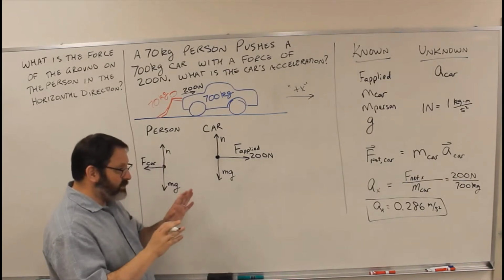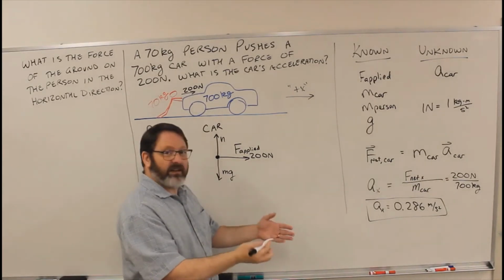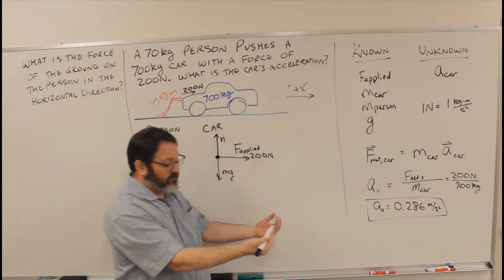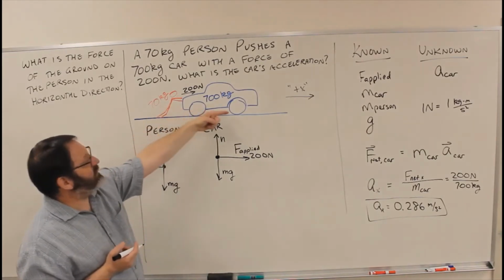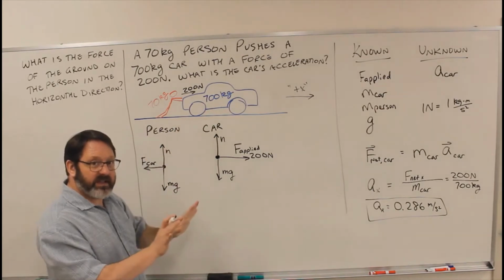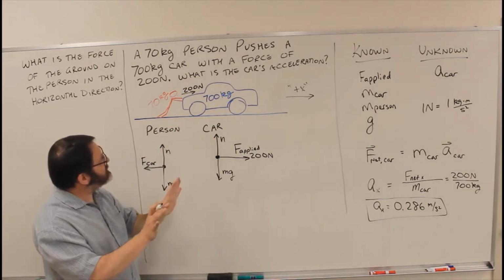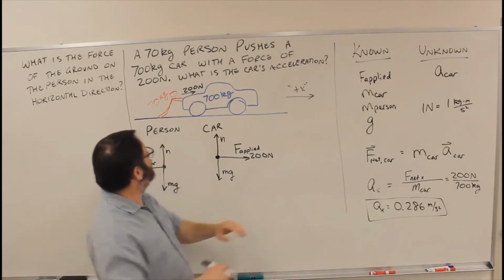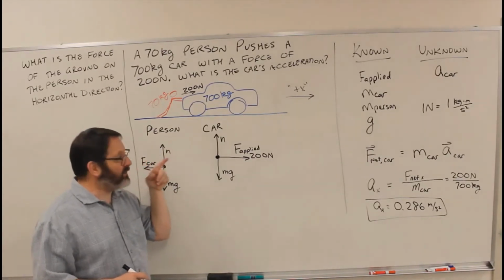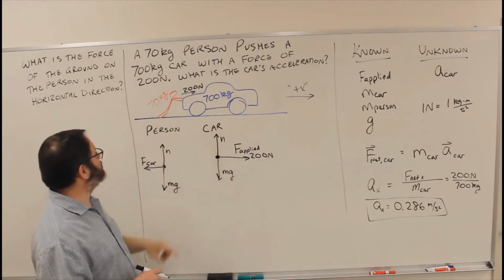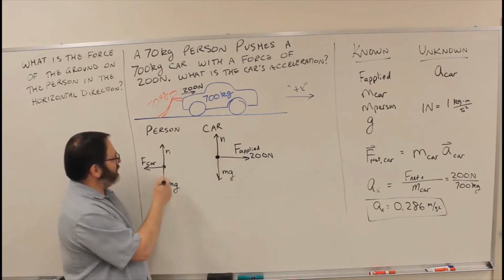So as the person is pushing the car, are they accelerating, being forced backwards? The person would actually have to be accelerating the same as the car, because the person stays touching the car. So if the person's accelerating in that direction along with the car, then there must actually be a net force in that direction on the person. So the car is pushing back on them.